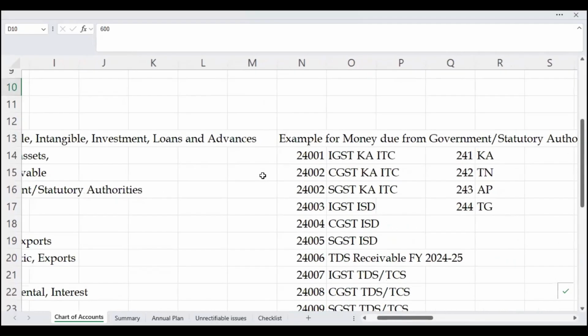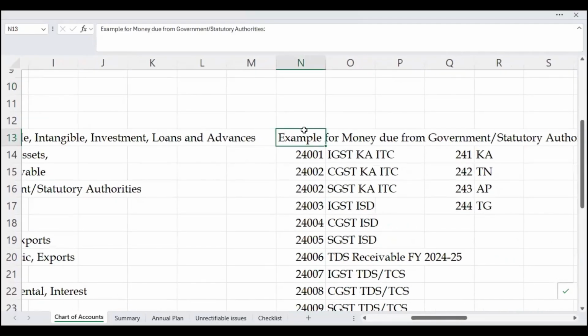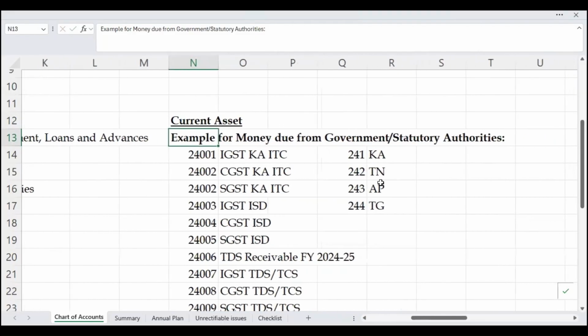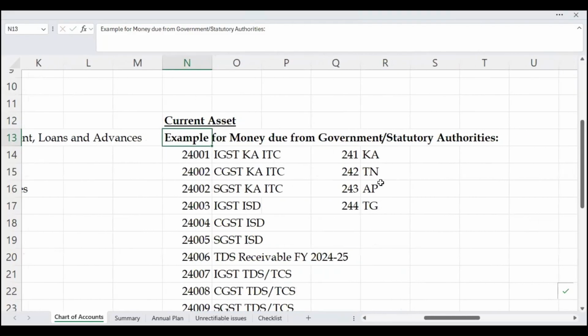Now assuming I need to maintain input tax credit, for example, money due from government or statutory authorities. Let's assume that it is a current asset. How do I record my current asset? For current asset, my requirement is money due from government or statutory authorities. This is one particular balance sheet item.